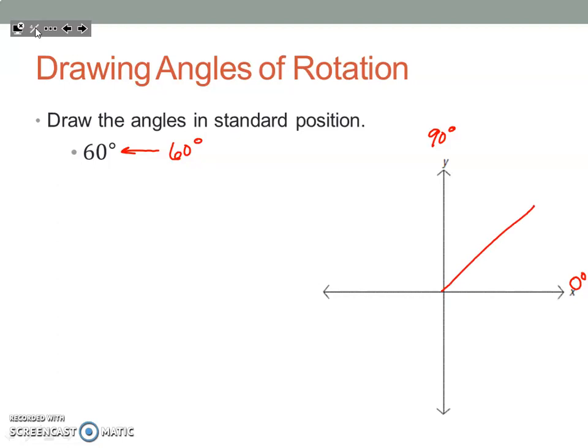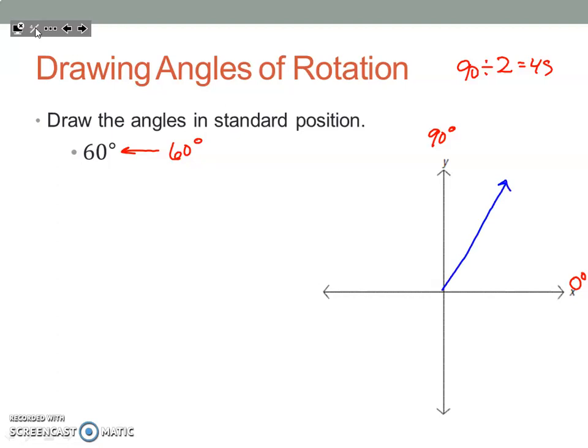What is halfway between 90 and 0? Well, 90 divided by 2 gives me 45 degrees. So this line right here is 45 degrees. So if I want to draw my angle of rotation, it needs to be a little bit above 45 degrees. So when I draw my angle of rotation, I'm going to draw it a little bit above my 45.